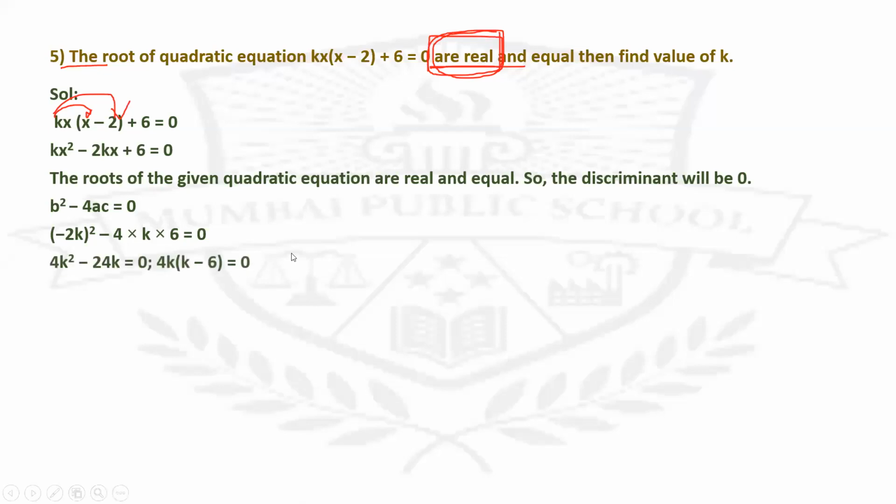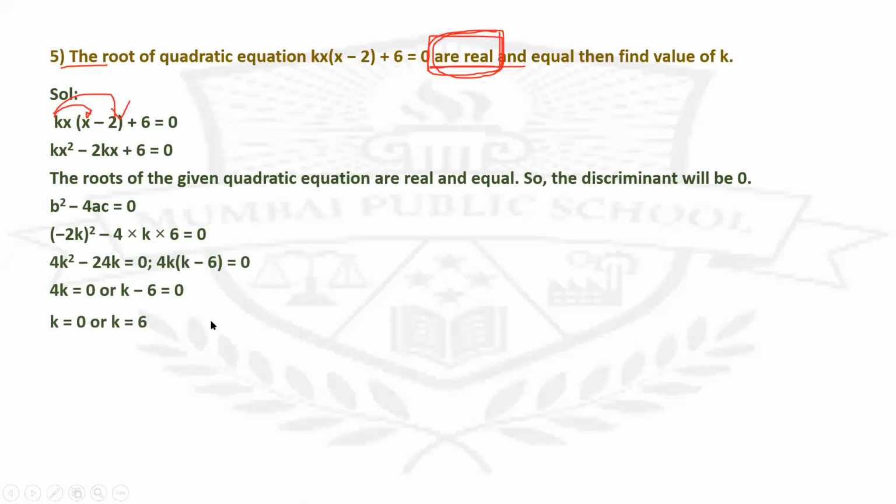So you'll get that as 4k² - 24k = 0. So 4k is taken common. So 4k(k - 6) = 0. So you'll get 4k = 0 or k - 6 = 0.